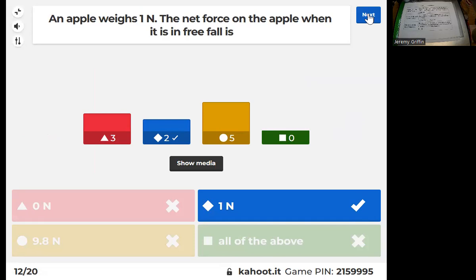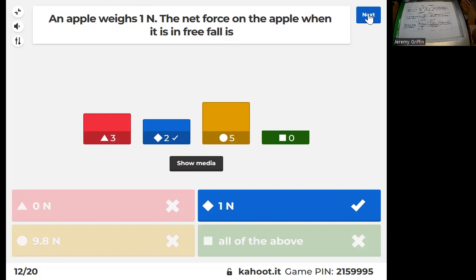Now, if you tweak the question a little bit, you could maybe make a case for the other ones. For example, what if you put air drag in there and it's a really tall cliff and the apple reaches terminal velocity? In that case, the net force is 0, if it's terminal velocity, right? But the 9.8 was actually meters per second squared. Acceleration. The apple's accelerating at 9.8 meters per second squared.